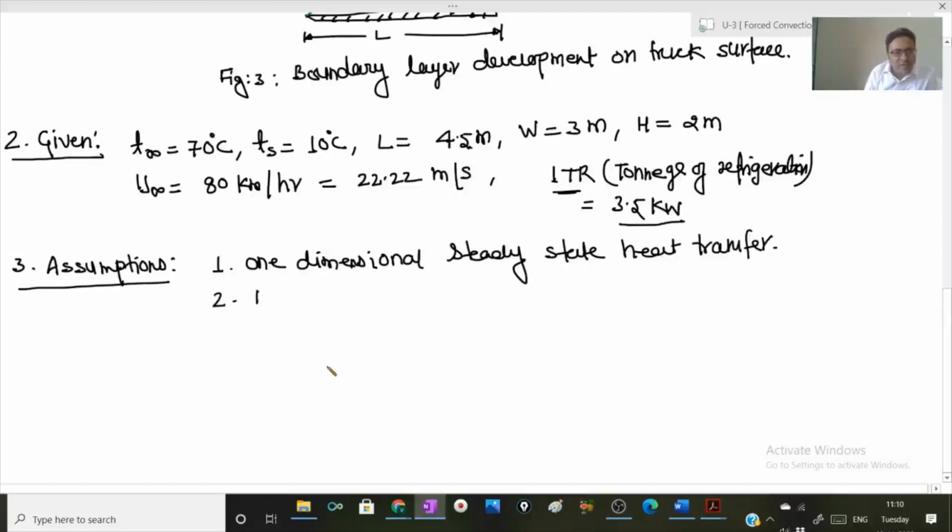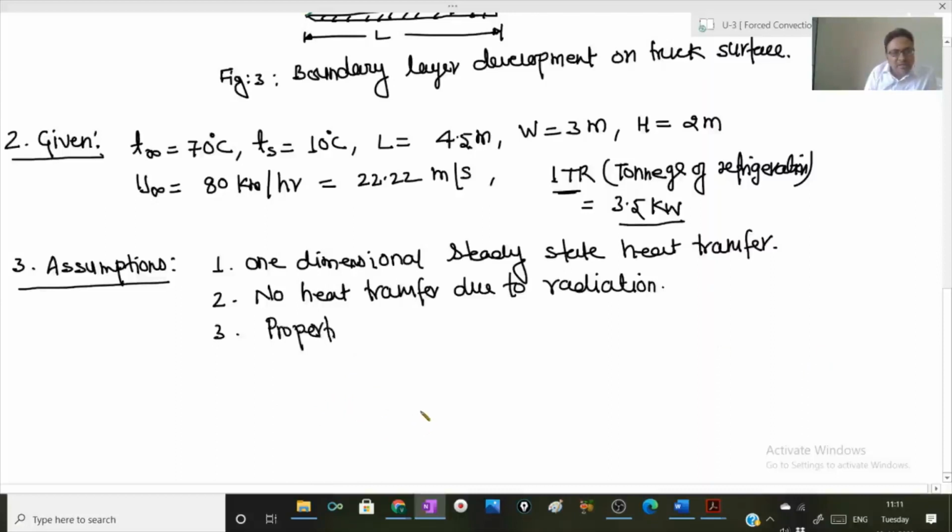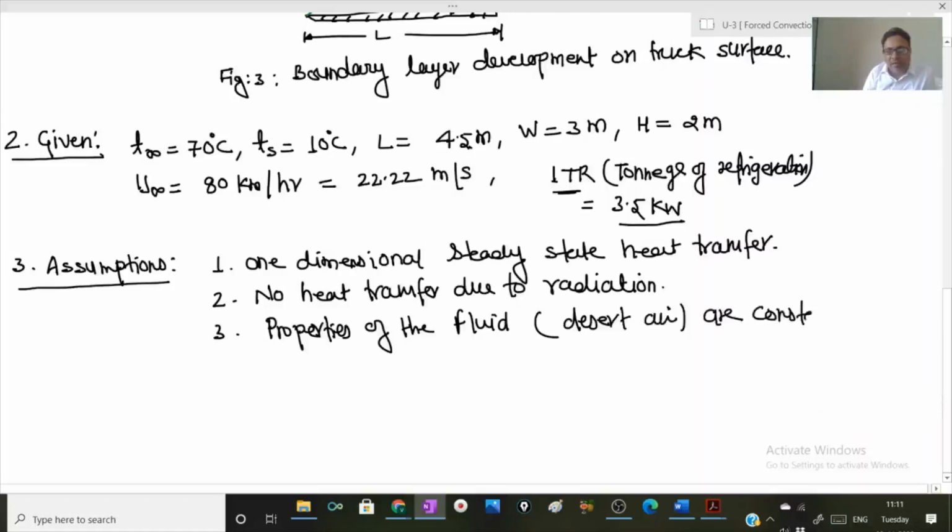Assumption number 2, no heat transfer due to radiation. Assumption number 3, properties of the fluid, which is desert air in this case, are constant.